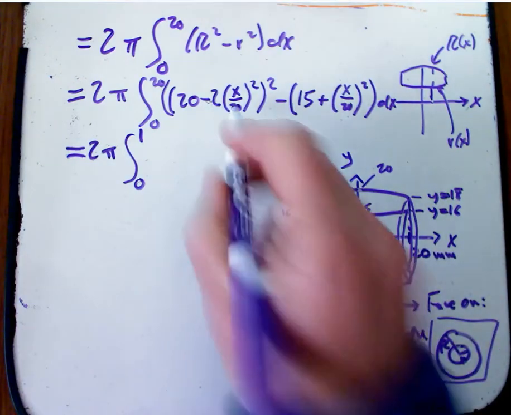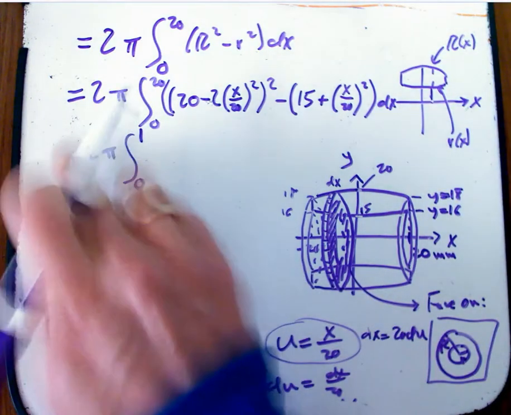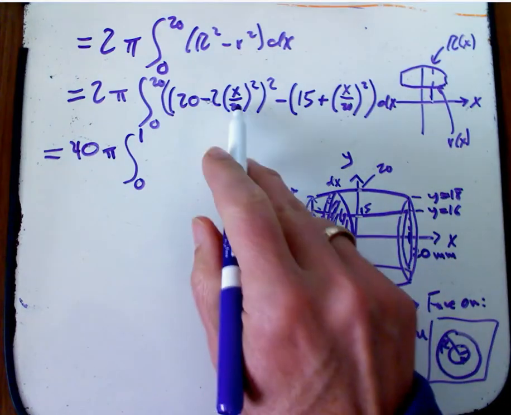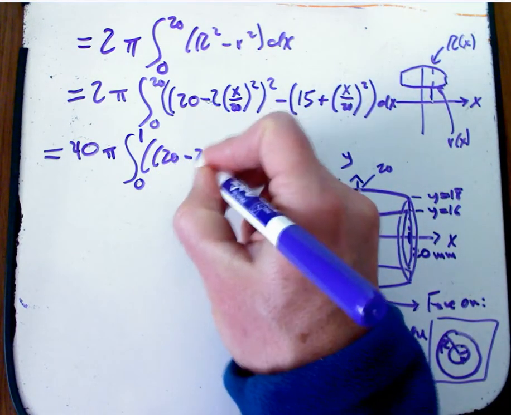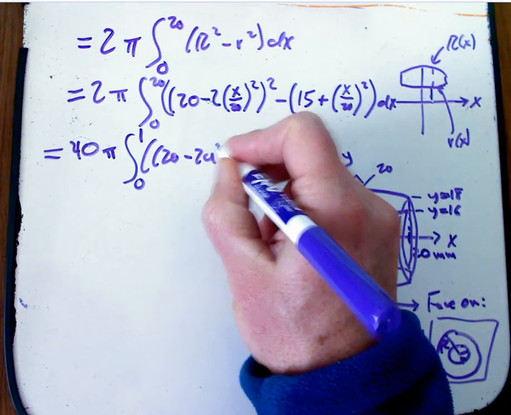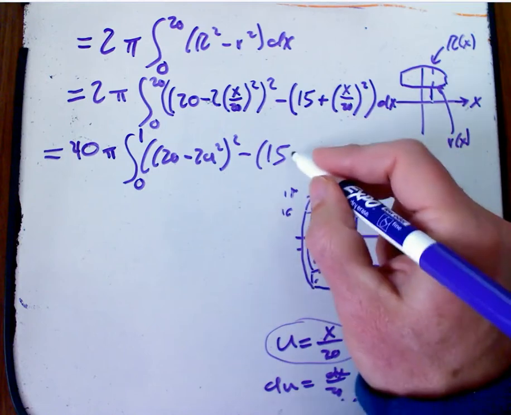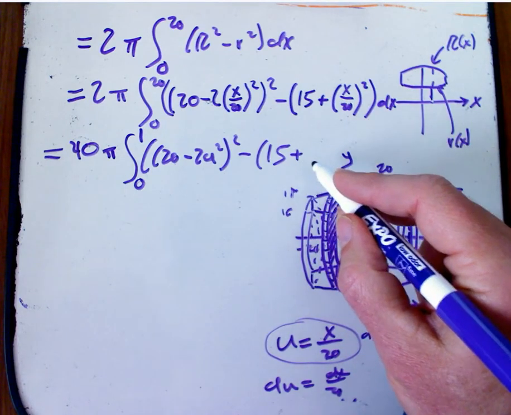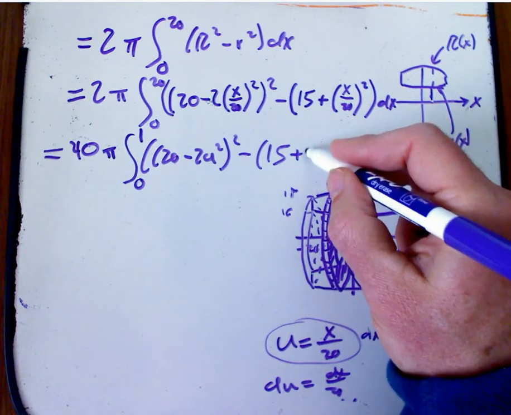Okay, so now the dx is 20 du. That's going to come out here. So that's going to create a 40 pi. And now I'm just going to rewrite this in terms of u squared. I still have to deal with the squares of these quadratics, but it's not too bad. 15 plus u squared.